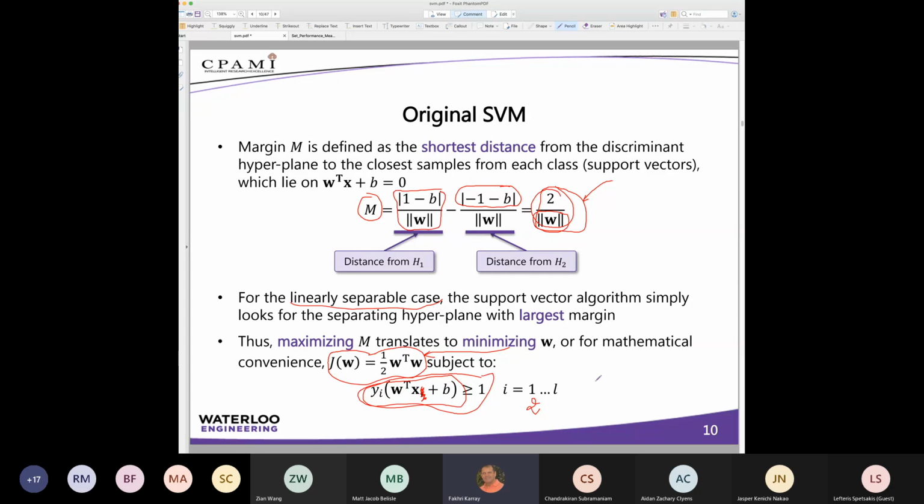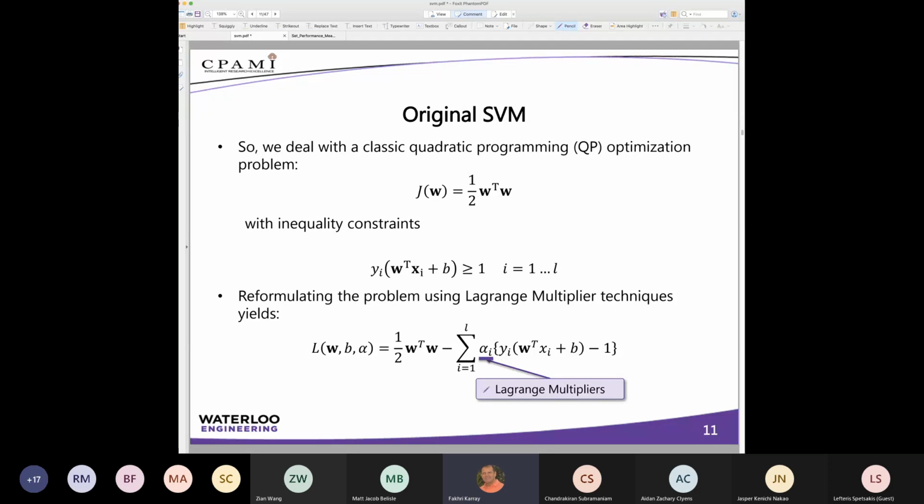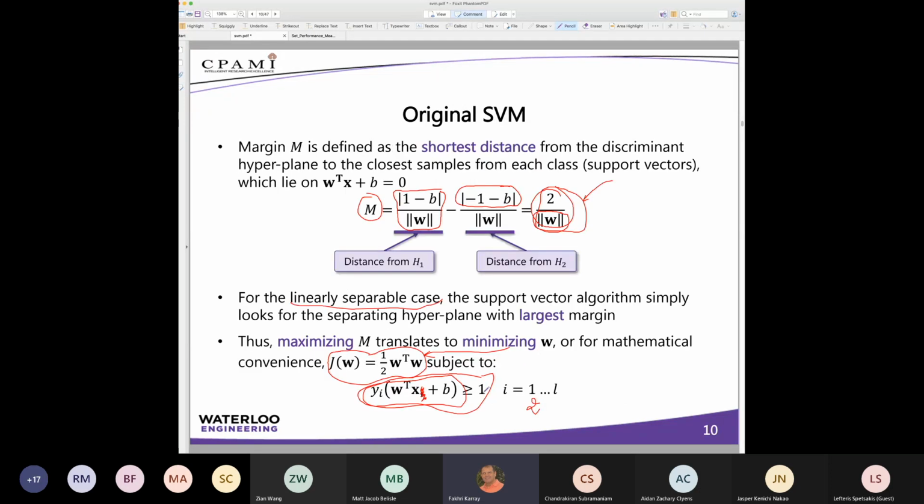And this one here, to be a little bit more accurate, this is omega transpose x plus b. So this is a typo here. So we have yi. So this yi could be 1 or minus 1. So for each one of them, it has to be greater than 1, which is going to be within that support vector machine. Okay, so that's basically what we have for this particular equation. And next time I'm going to provide you with the representation of this system here, and we are going to take it later to express what we want to do when the data is restricted within the particular type of boundary.